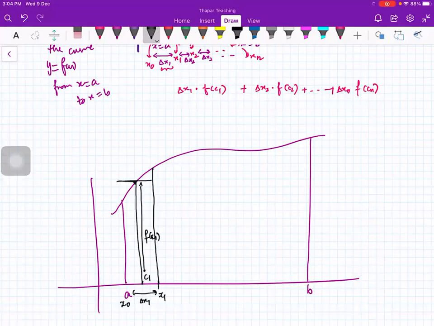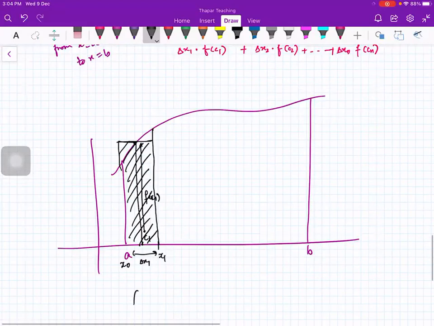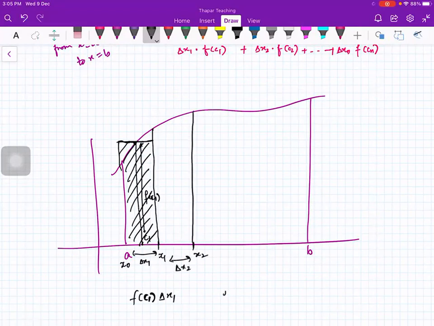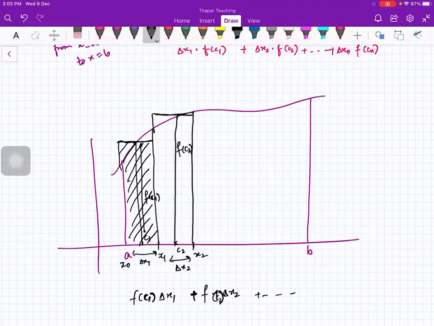You multiply this with delta x1, and you get the area of this rectangle. Then you go to the next point, x2. This length is delta x2, and you take a point c2 inside this, and again take a rectangle with the height f of c2. You multiply this with f of c2 and so on. So you will get some area, but that area is not the area under the curve.